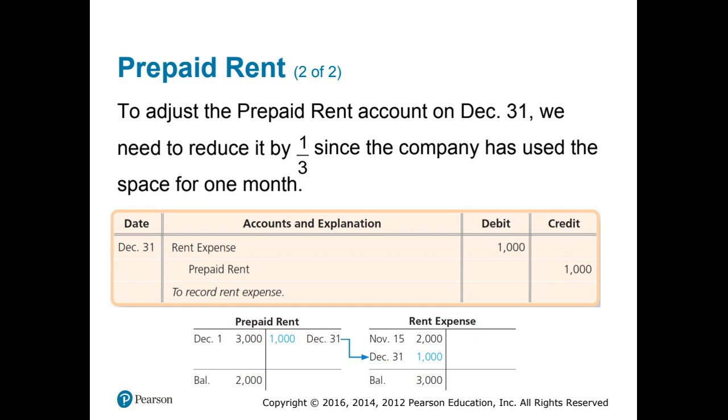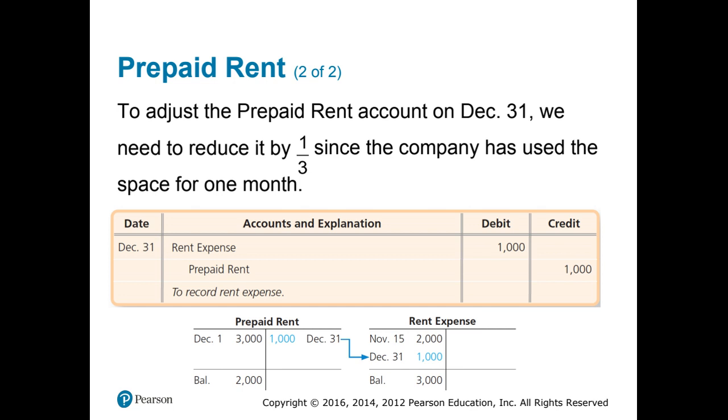Well, something has to happen somewhere else with this $1,000. So we've expensed this amount for rent, so it's going to affect our rent expense account. In our rent expense, we already had $2,000 sitting there from November 15th.